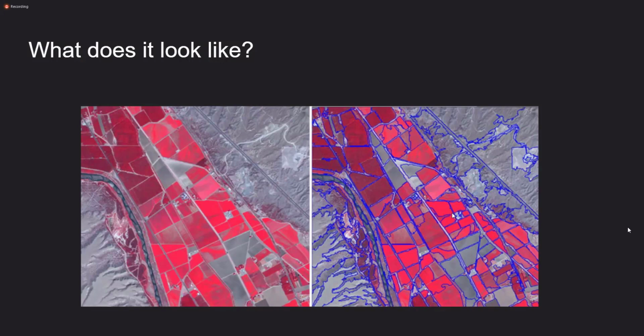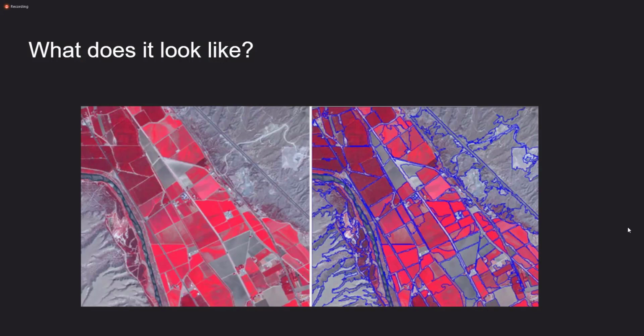And on the right-hand side, what we see is a segmented image of that same region. And if we were to take this one step further, we could use the properties of those individual fields to compute all kinds of different schemes. If you're interested in the types of crops, perhaps, or the wetness, you could classify those based on that.